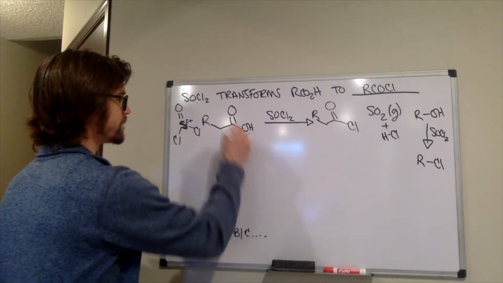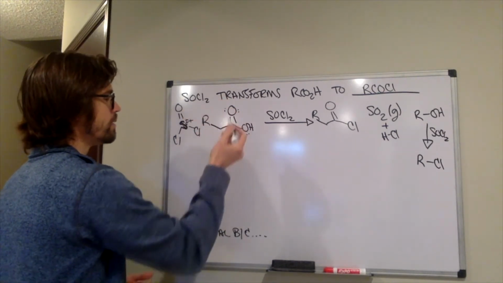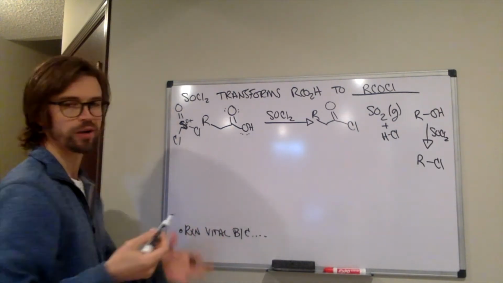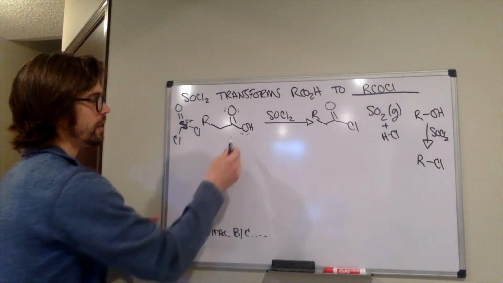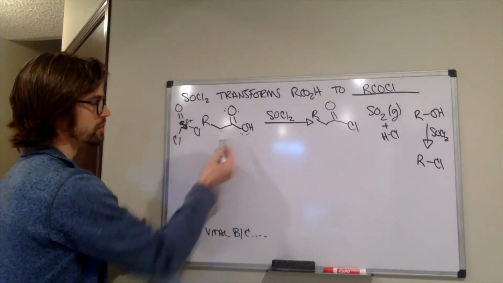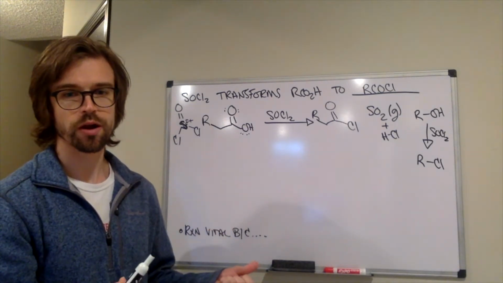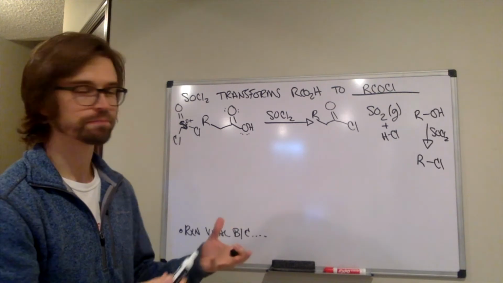So the same first step's going to happen. This oxygen is going to add to that, and I'm going to show it kind of as a one-step thing, but essentially we have to remember that there are multiple resonance structures of this carboxylic acid, and we're going to show multiple of them in this process.